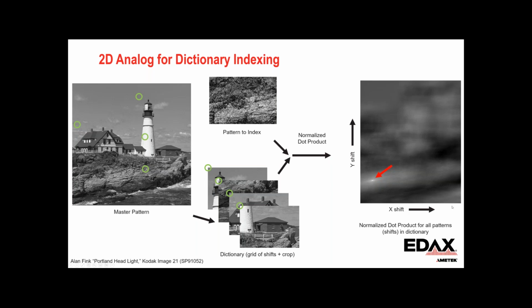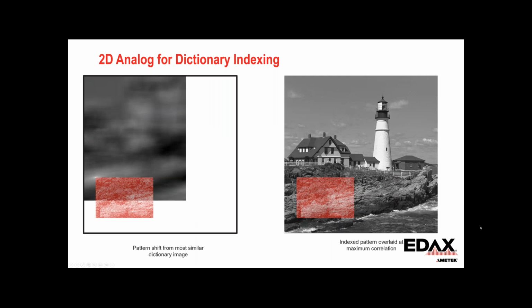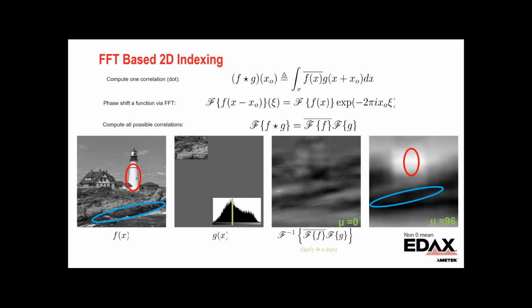And you can see there's a peak. That's the shift that we have. So if I overlay the cropped image on that, on the left showing on the values of the dot products, and on the right where that corresponds to in the image, you can see, yes, this successfully finds our image, which is not surprising. The question is, can we do it faster?